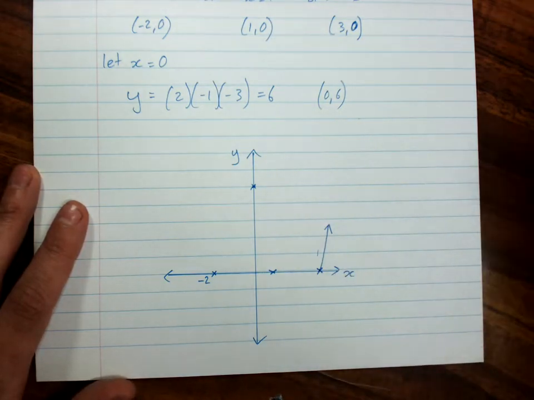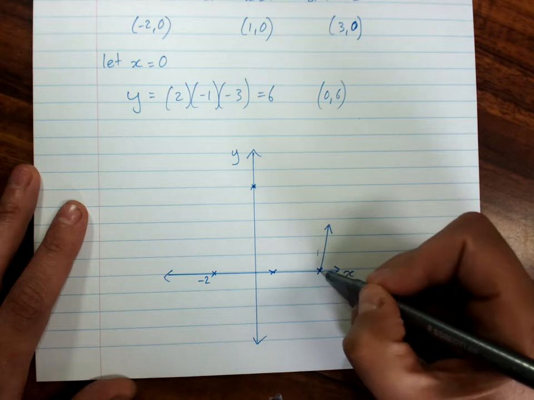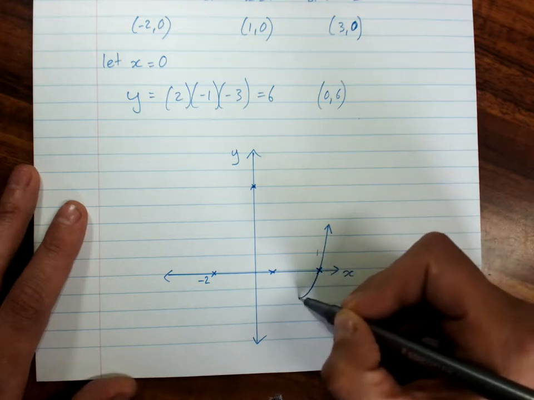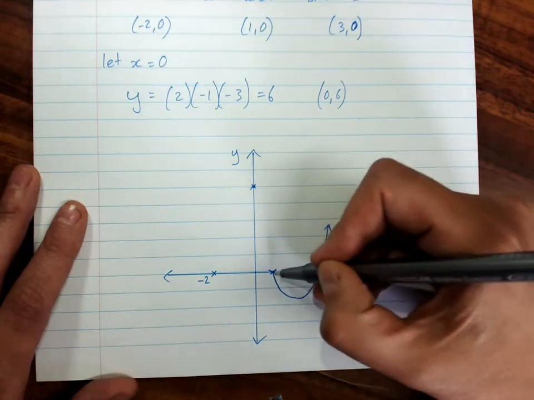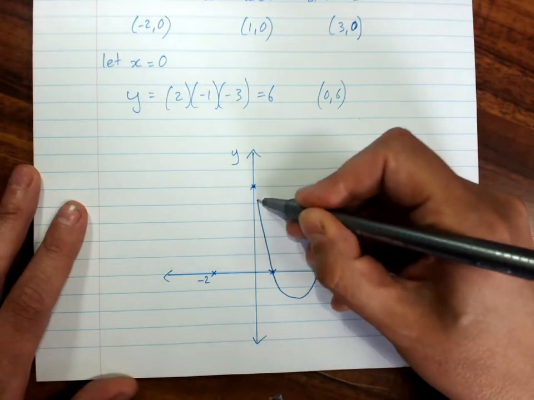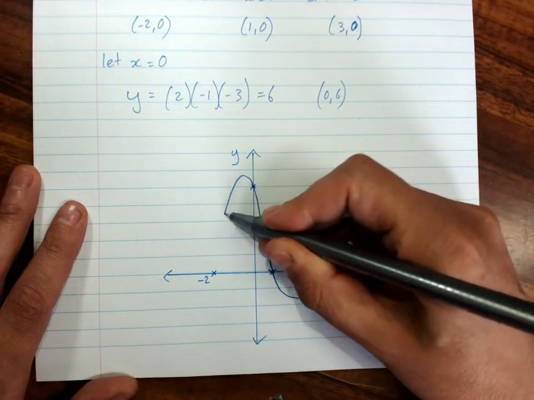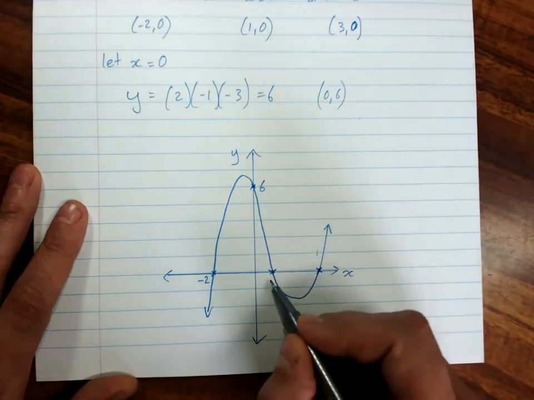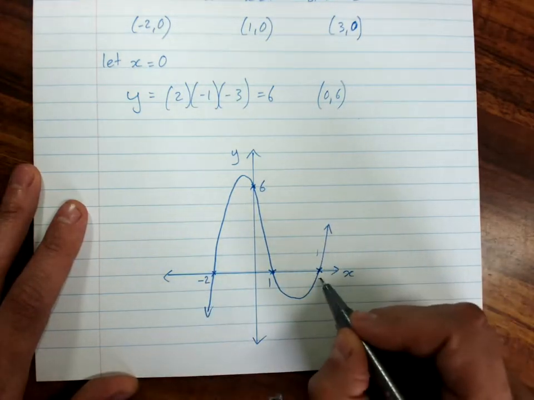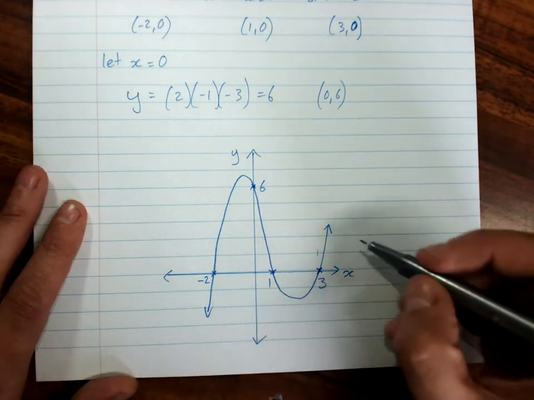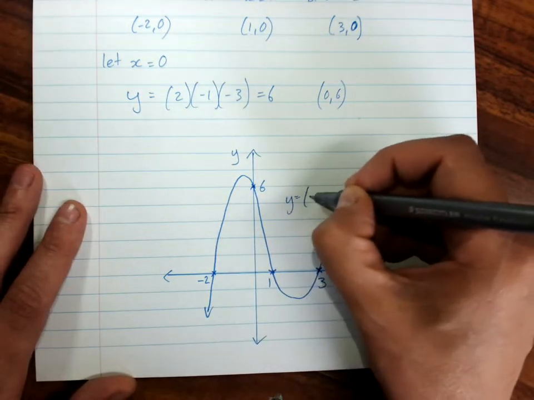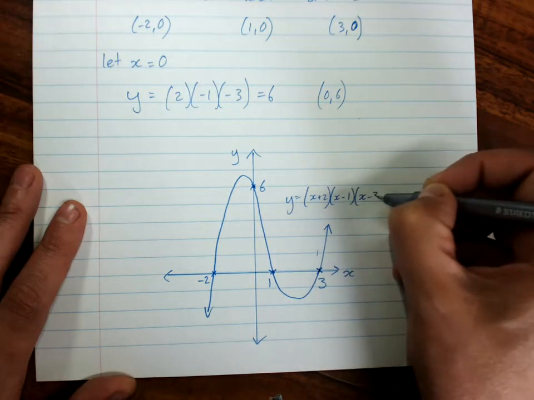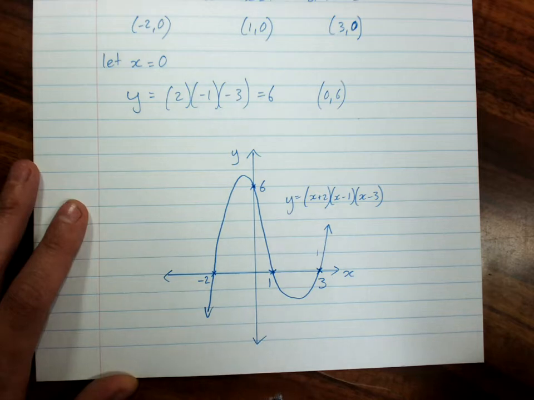So when we sketch what we've got here, we're going to create a curve that comes down, up through that intercept, up, turns around, and down. Then put these in once the line is out of the way, label your graph, and you have sketched your cubic.